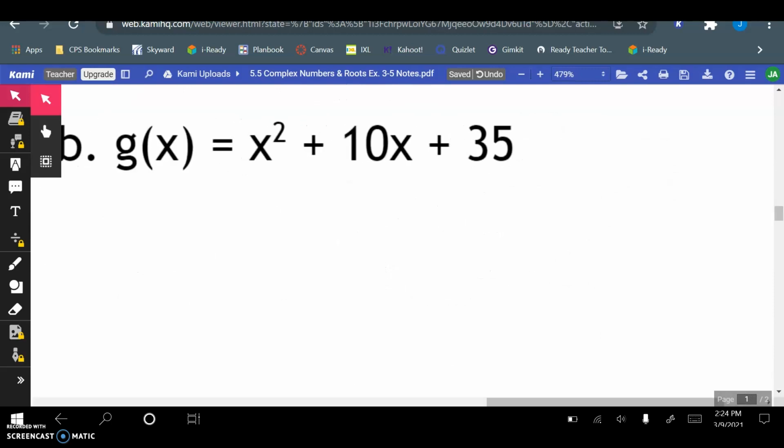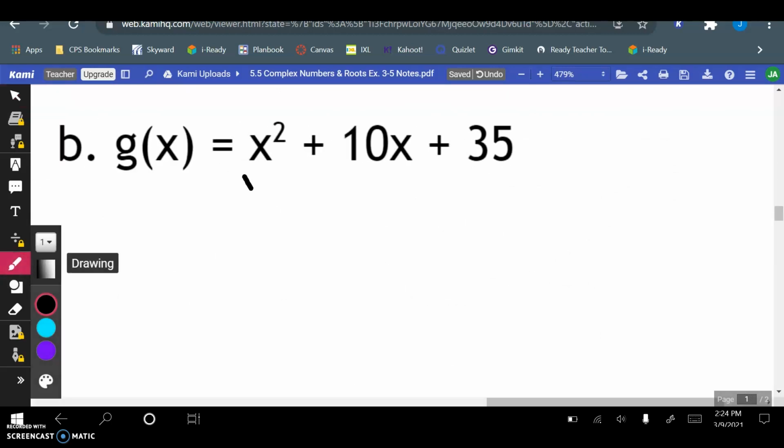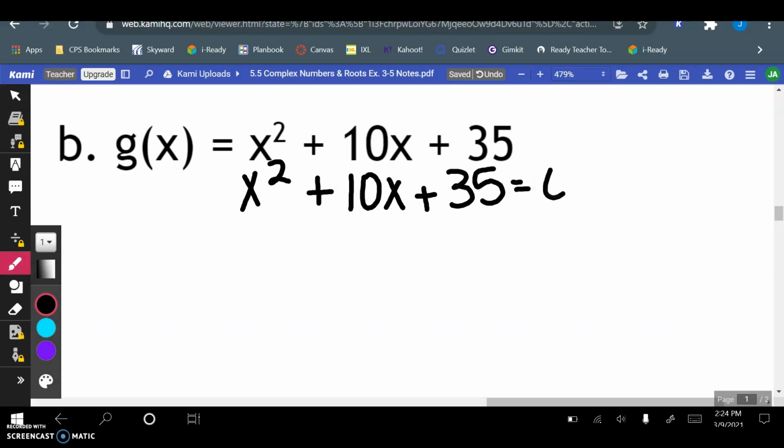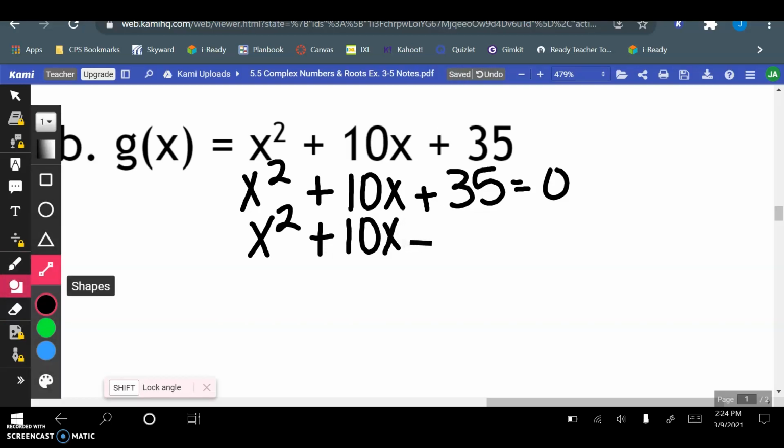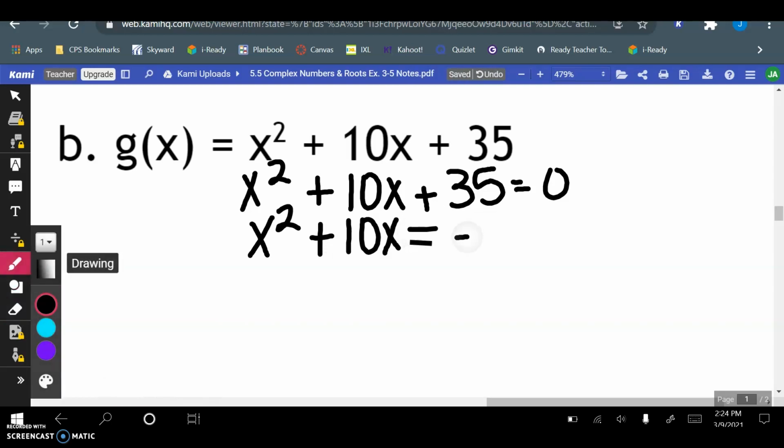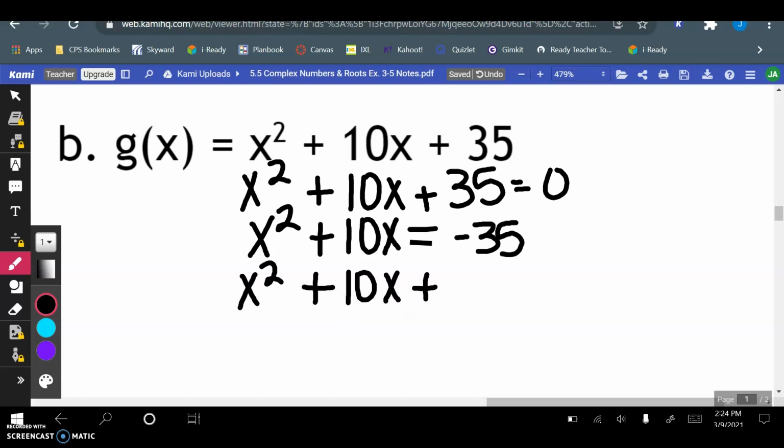Okay, so the same thing here. We're going to do x squared plus 10x plus 35 equals 0. And then we're going to subtract that 35 from both sides, equals negative 35. And then we have to complete the square and add it to both sides.